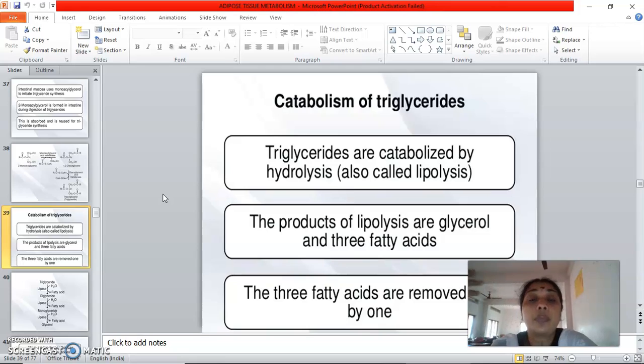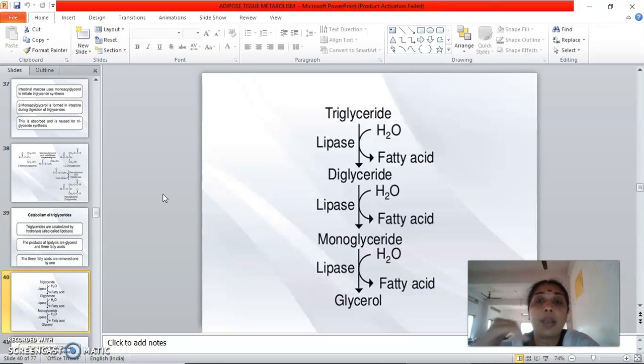We know that the fatty acids were added only in a stepwise manner. In the degradation also, the fatty acids will be removed in a stepwise manner, one by one. The enzymes involved in the degradation are known as lipases. So TG is acted upon by lipase enzyme.